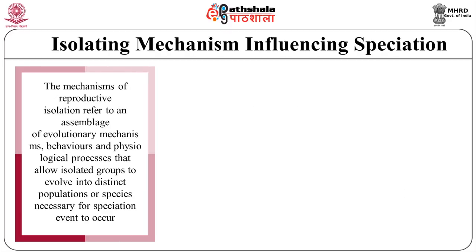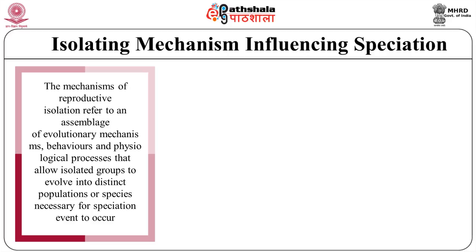Now let's understand the isolating mechanisms influencing speciation. The mechanism of reproductive isolation refers to an assemblage of evolutionary mechanisms, behaviors and physiological processes that allows the isolated groups to evolve into distinct populations or species, necessary for the speciation event to occur.